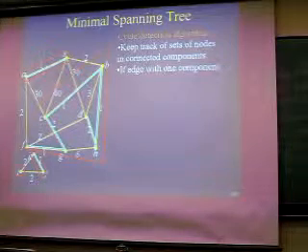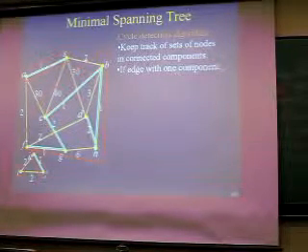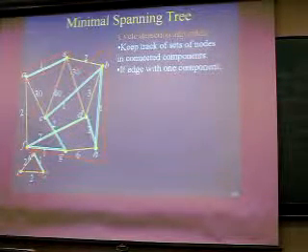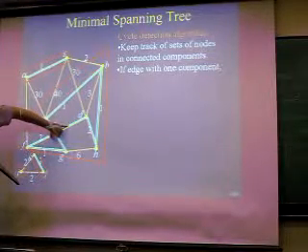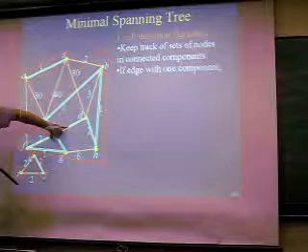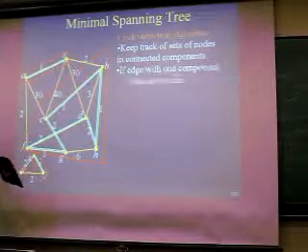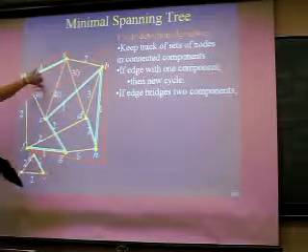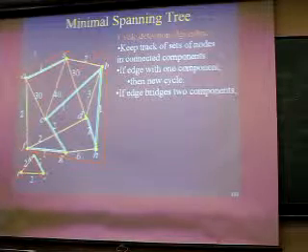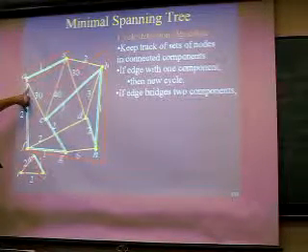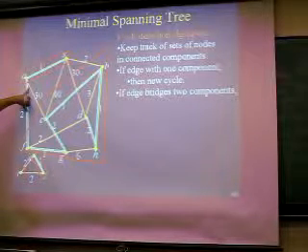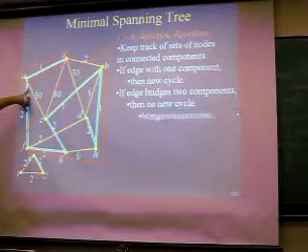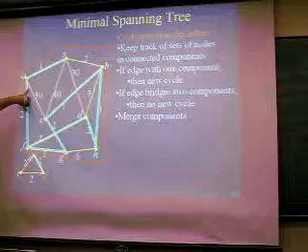And then, when we add an edge, if it's in the same connected component, then what do we know? We have a cycle, exactly. And if it bridges two connected components, where's our bridge? There it is. If it bridges two connected components, what do we do? It doesn't create a cycle, and what we do is we merge the connected components, right?